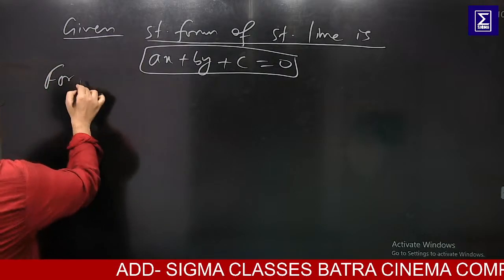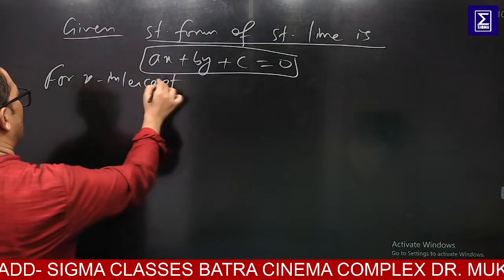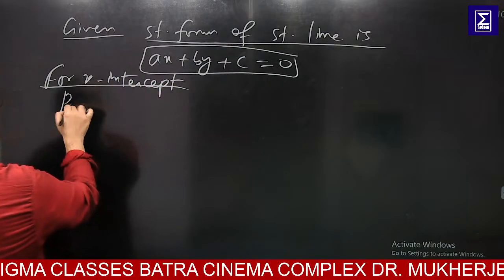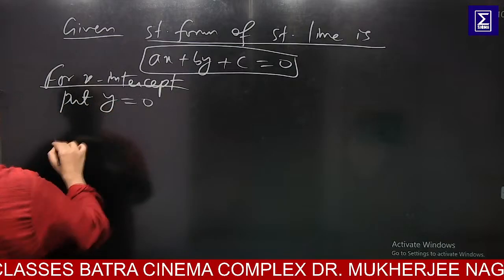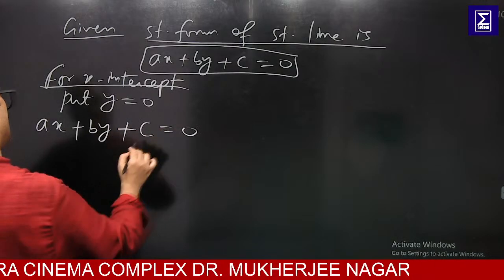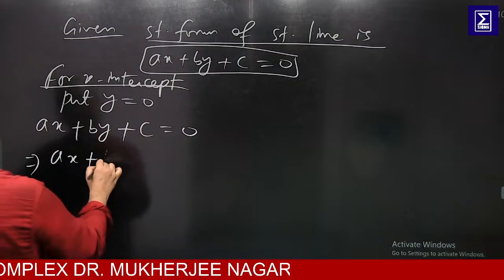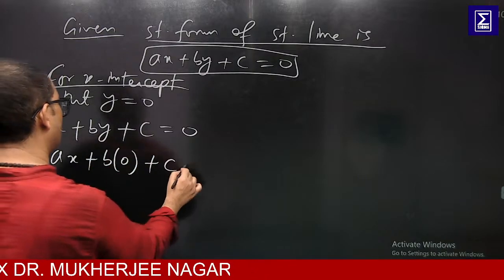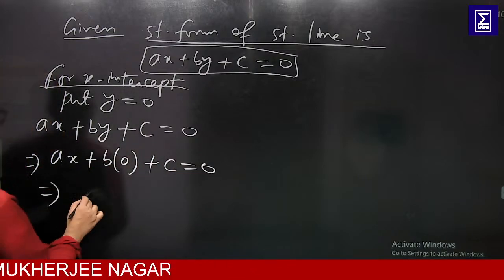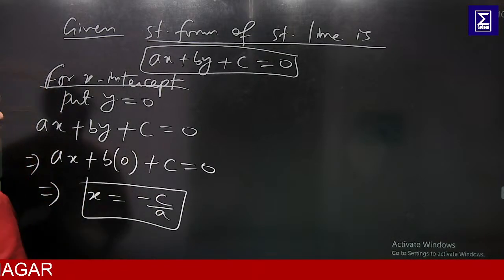So, for the x-intercept, we have to put y is equal to 0. So, in ax plus by plus c is equal to 0, we get ax plus b times 0 plus c is equal to 0. So x will be nothing but minus c over a. This is the x-intercept.